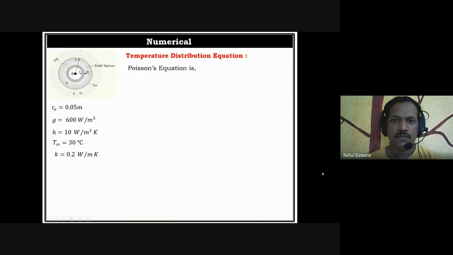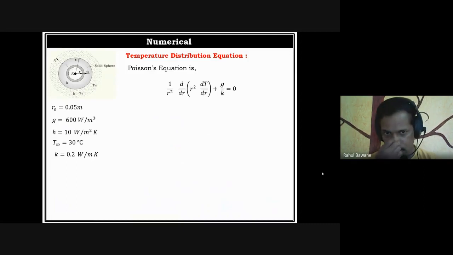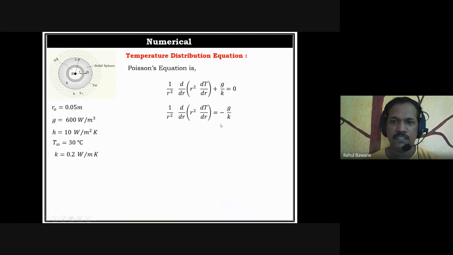So Poisson's equation, the one-dimensional steady-state heat conduction equation for a sphere, is 1 upon r square d/dr of (r square dT/dr) plus g upon k equal to 0. Now shifting g by k to the right-hand side, it becomes minus. Then I will shift this r square.